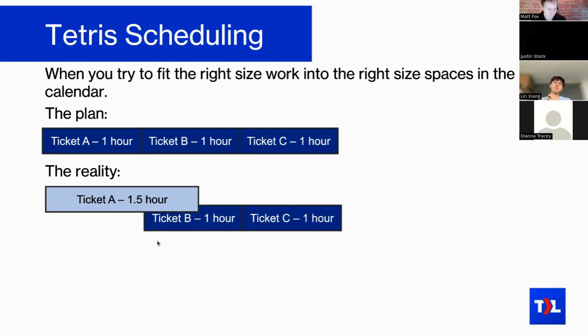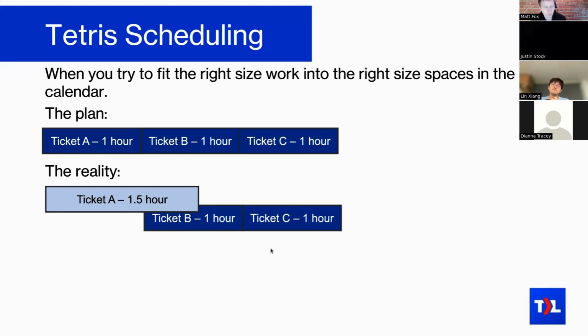It's waste. Or they can actually obey the calendar and say, I'm not done with ticket A, but the calendar says to work on ticket B. So they leave ticket A unfinished. Then they still have to tell the dispatcher, I didn't finish working on ticket A, can you please put that back in the calendar? And they could still have the same problem with ticket B too, if ticket B takes longer than expected.